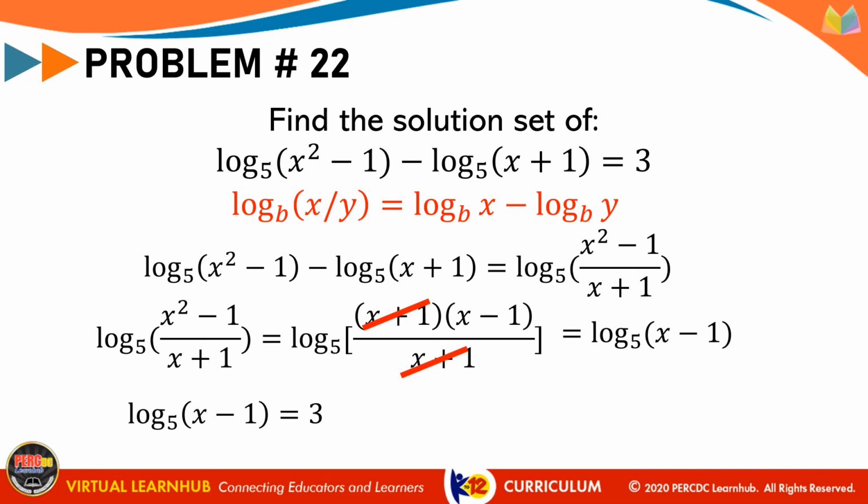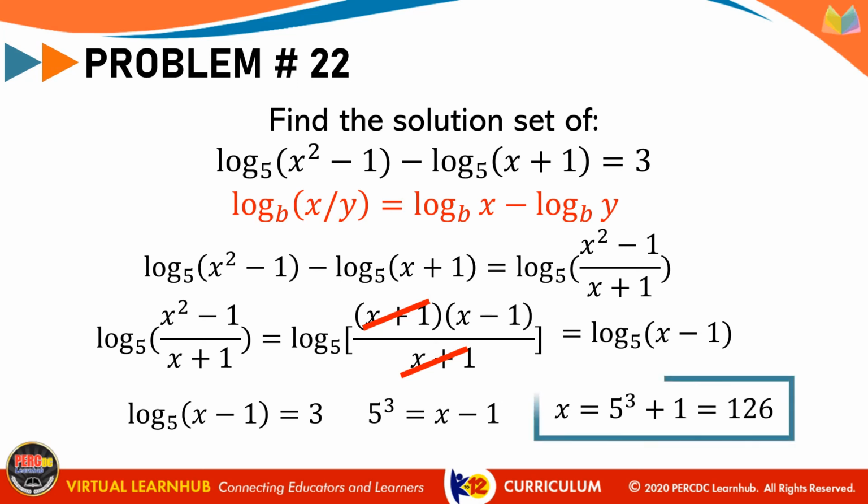However, from our problem, log of x minus 1 to the base 5 is equal to 3. Expressing this in exponential form, we will have 5 cubed is equal to x minus 1. And that will give us x is equal to 5 cubed plus 1, and that is equal to 126.